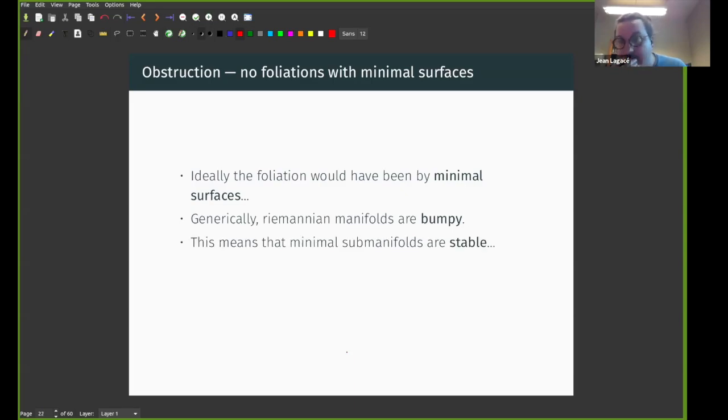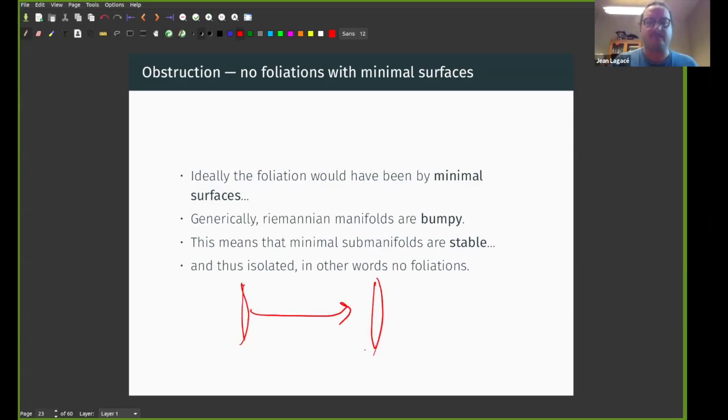And bumpy means that any minimal submanifold is stable. And stability of a minimal submanifold means in particular that they are isolated, which means I cannot have a foliation by these isolated stable submanifolds, because otherwise the translation along my foliation would provide me one instability direction.